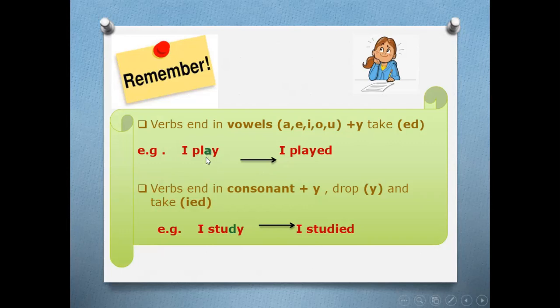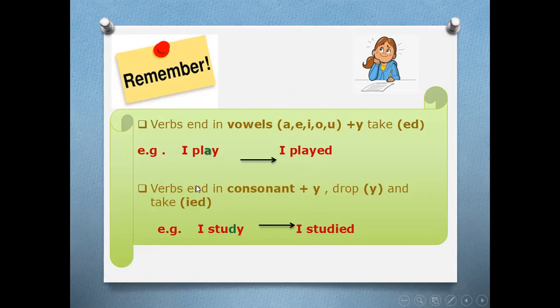If you find that the letter which is before the y is a vowel, A, E, I, O, U, we don't replace the Y with I. We only add ED, like I play, I played. You can see here, the Y stays.